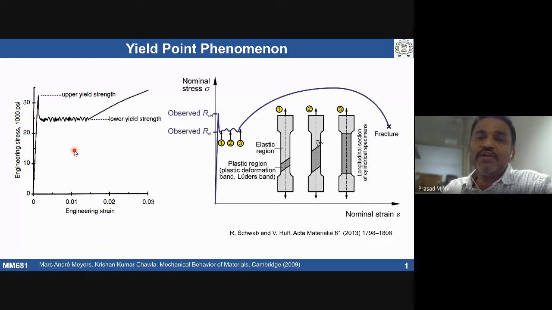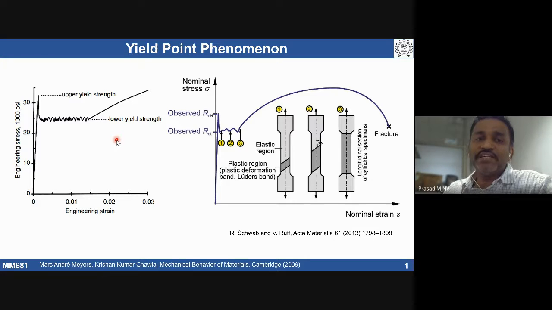The dislocations will not be able to move very easily under certain combinations of strain rate and temperature. This locking of dislocations with solute atoms creates an atmosphere called the Cottrell atmosphere.